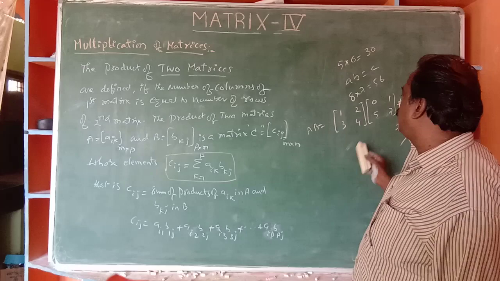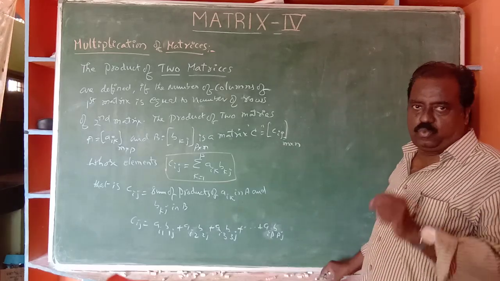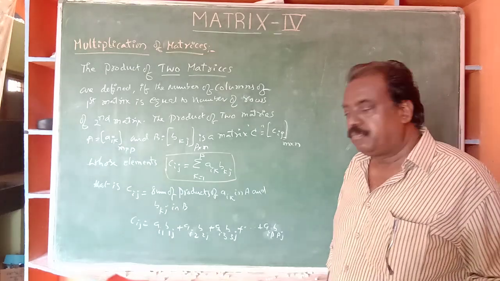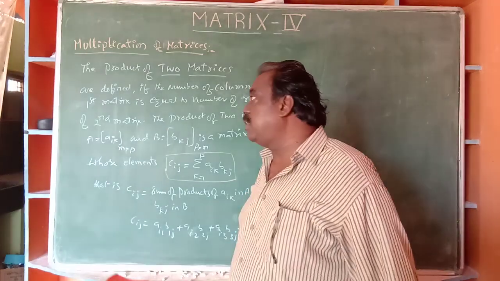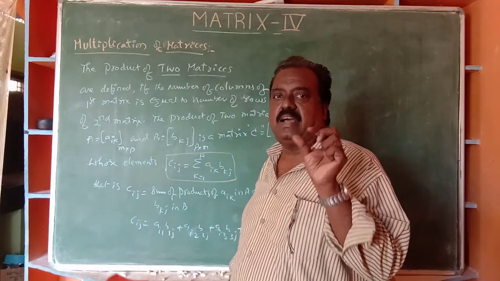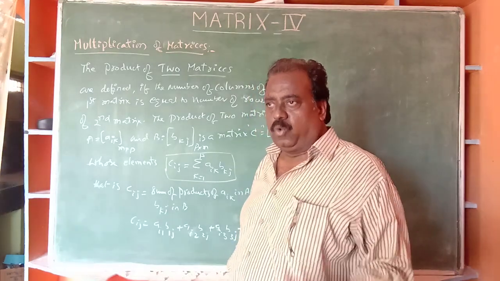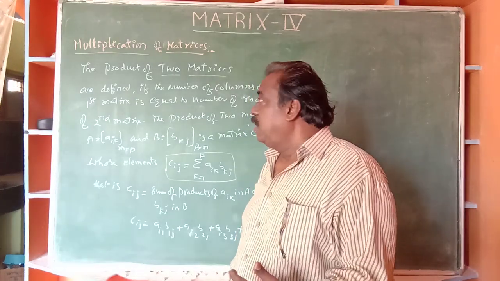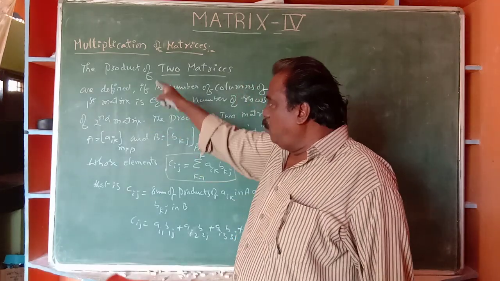All the students, you have to concentrate here. It is very, very important. In the entire chapter of matrices, the multiplication of matrices concept is somewhat different and difficult. You don't feel that it is difficult. In order to define it, you have to follow this.